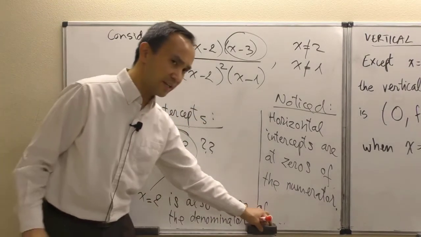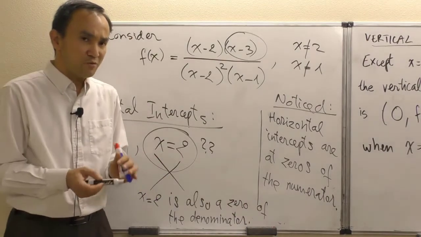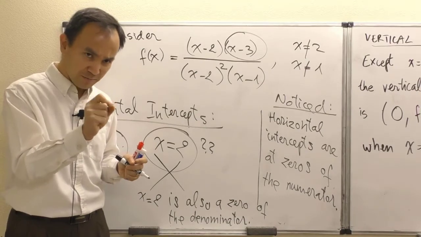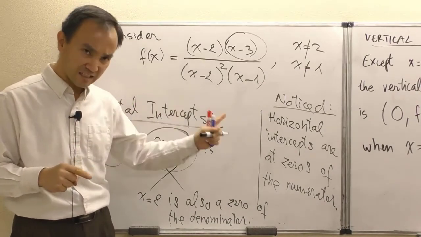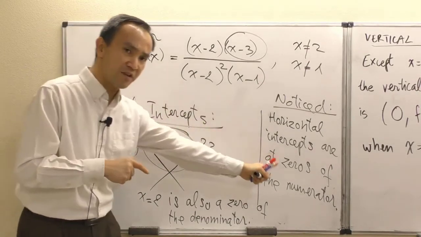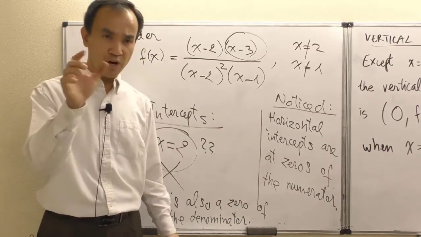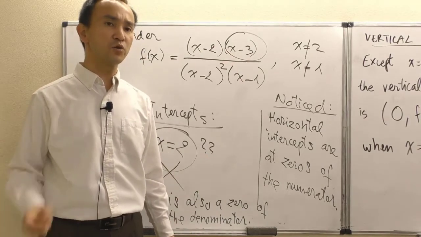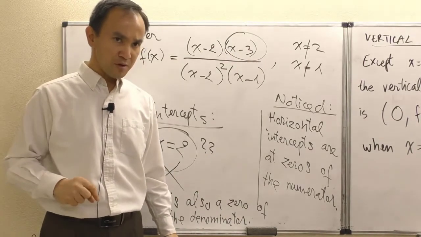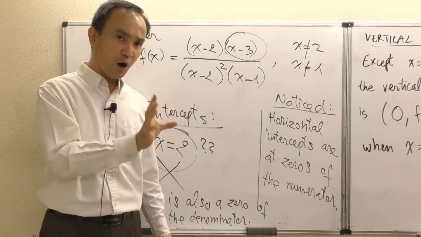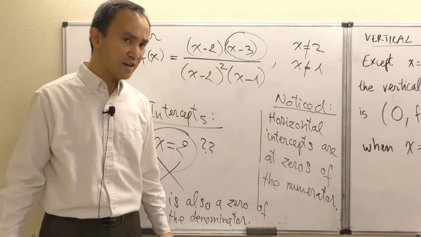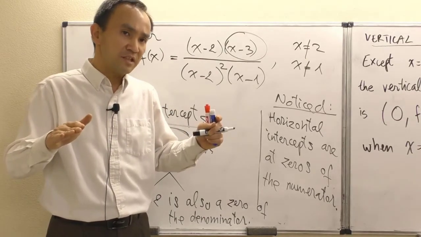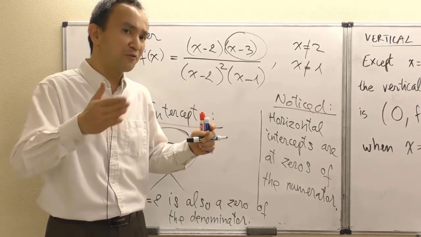So it looks like we keep getting more and more firm about that rule. Horizontal intercepts, for sure, happen at the zeros of the numerator. That's where we narrow our focus in order to identify the horizontal intercepts. But once we have identified all the zeros of the numerator, that won't quite show all the horizontal intercepts yet, because we're going to have to filter out some of those.